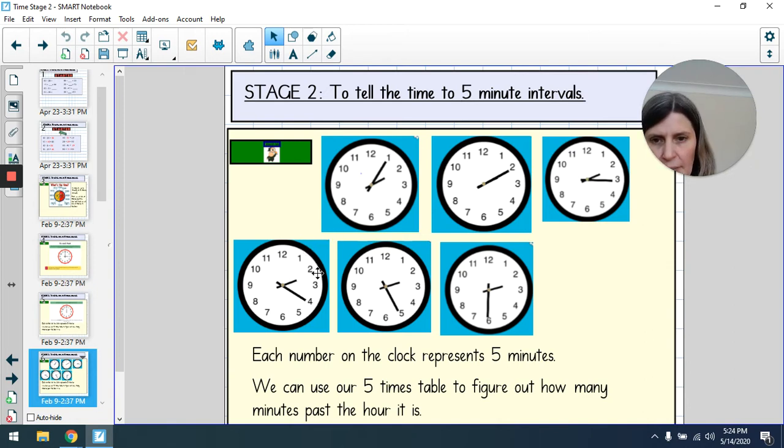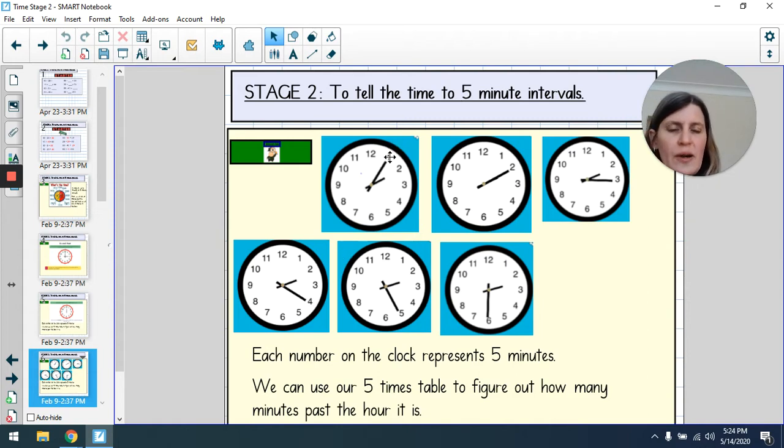Let's have a look at the one down here then. My hour hand's gone past the 2. It was 2 o'clock. How many minutes has it been since it was 2 o'clock? 5, 10, 15, 20. 20 minutes past 2.